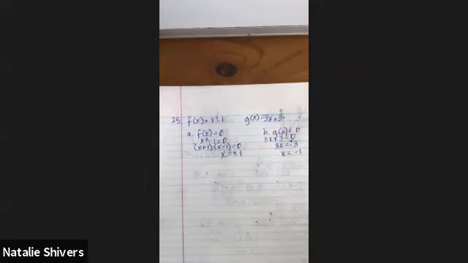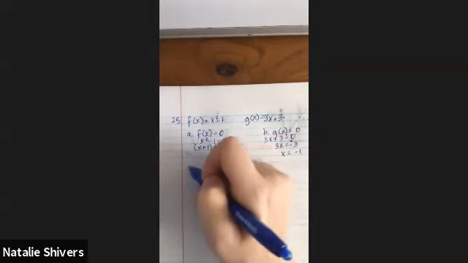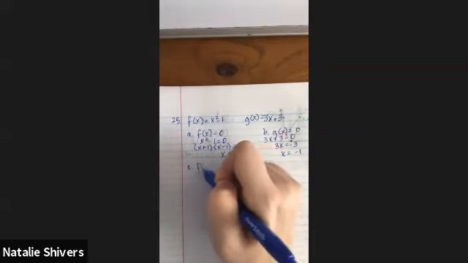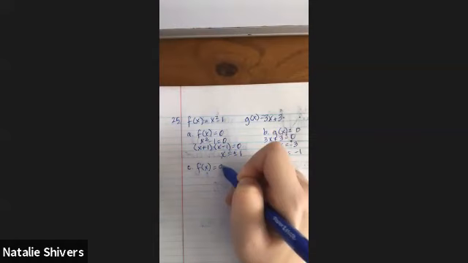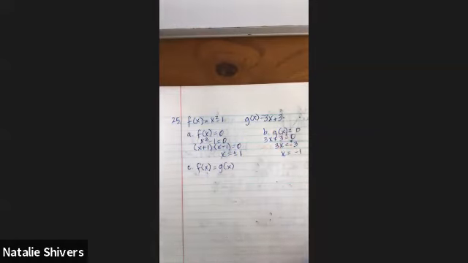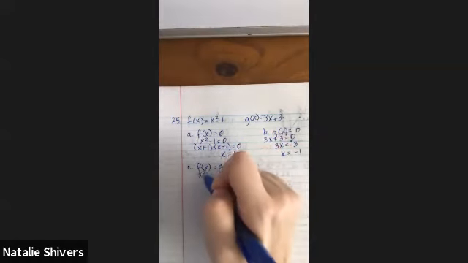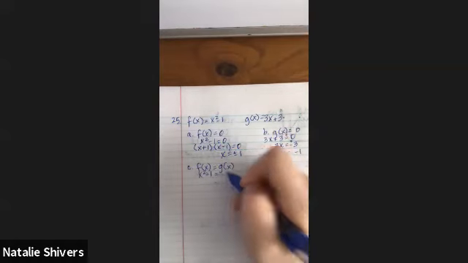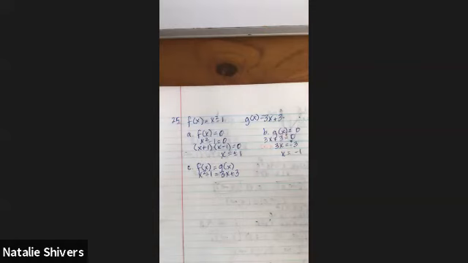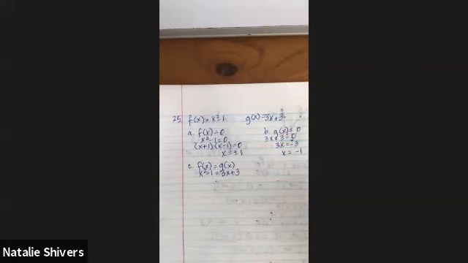So on C, they're going to ask me what happens when we set the functions equal to each other. So this time I have x squared minus 1 equals 3x plus 3. I'm still going to have an x squared in my answer, so the best thing to do is to move all of the terms to the left side.